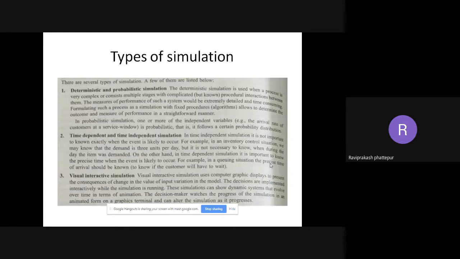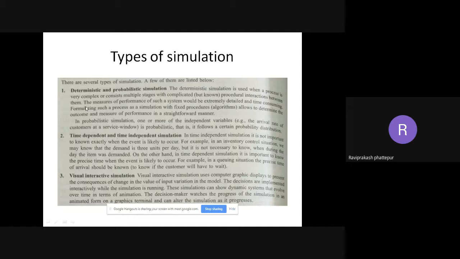Okay, then coming to types of simulation. So deterministic and probabilistic simulations. I was talking to you about the different types. So the first one is deterministic and probabilistic simulation. So what does this tell you? The deterministic simulation is used when a process is very complex or exists in multiple stages with complicated procedural interactions between them.